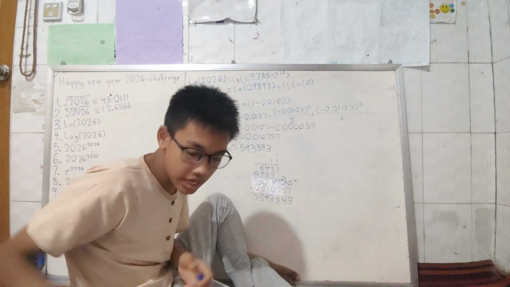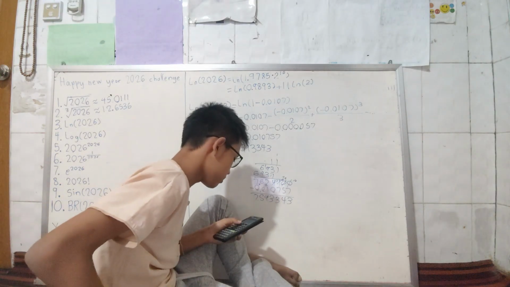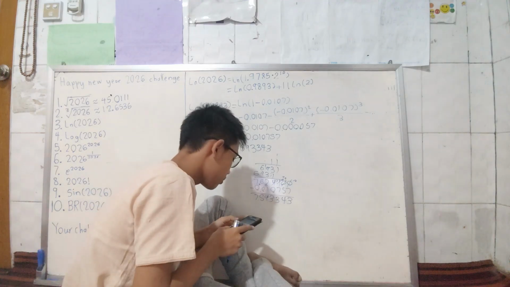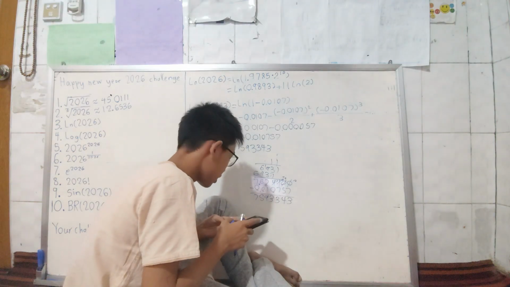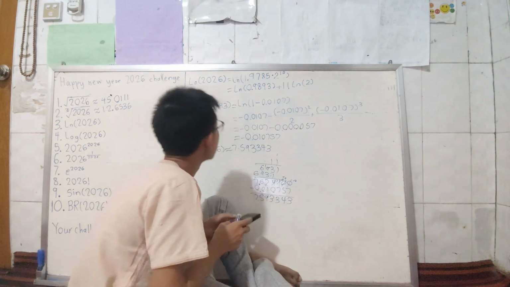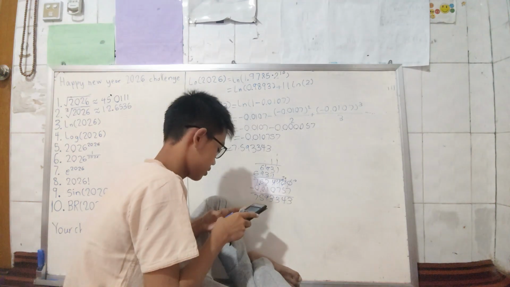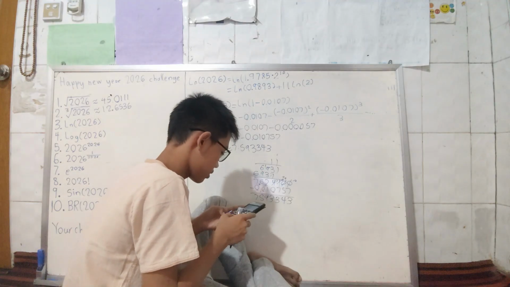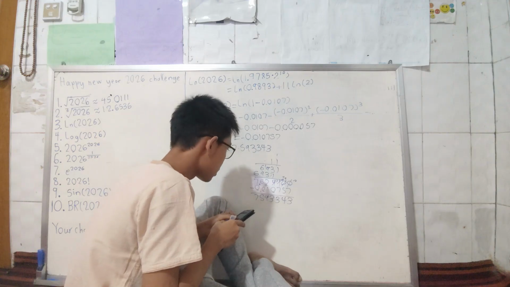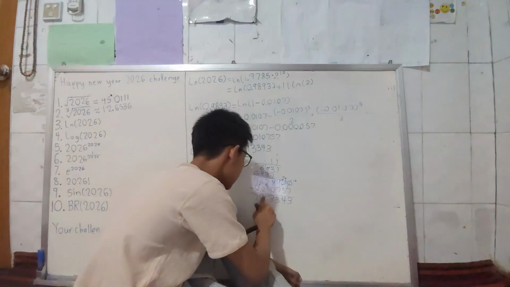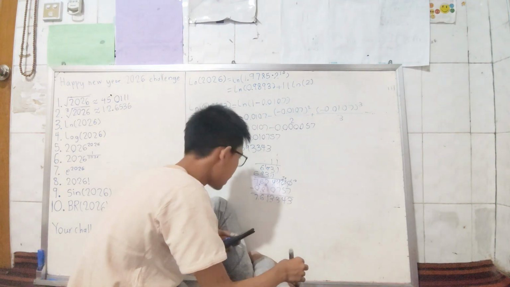Let me check. So natural log of 2026. So we only actually do 1 decimal place. No way. Wait a minute, let me check. And then we made a mistake. That should be 7.61, not 7.59.